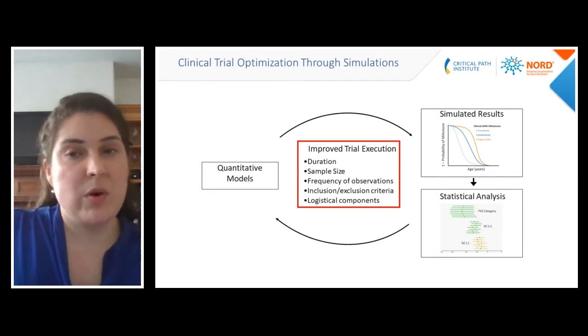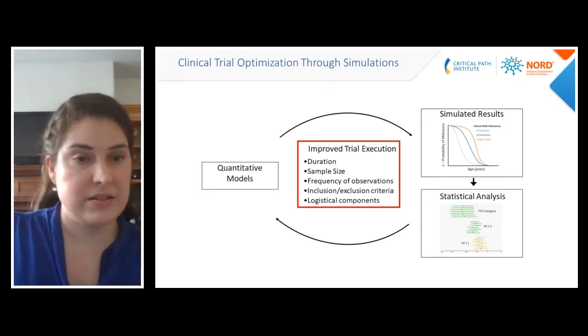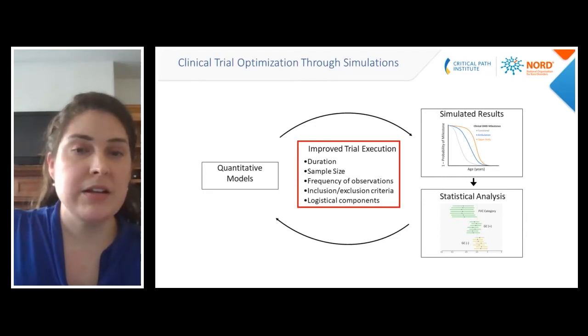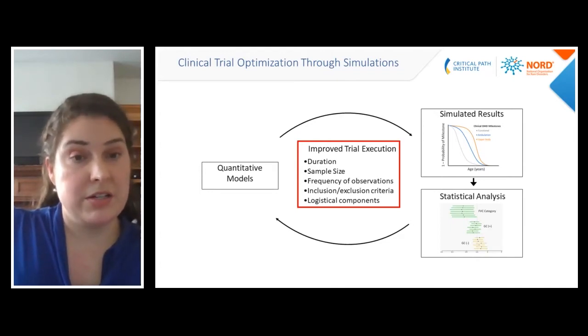All of these deep questions that can affect the success of a clinical trial can be simulated in silico in order to really better understand what considerations and criteria need to be met, and also what outcome assessments are best suited for the clinical trial.